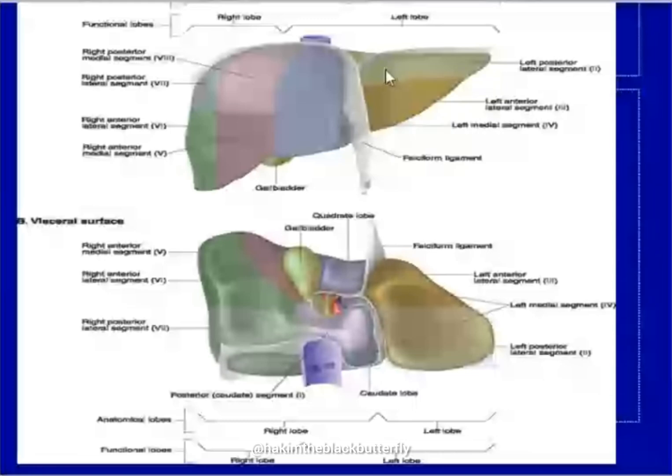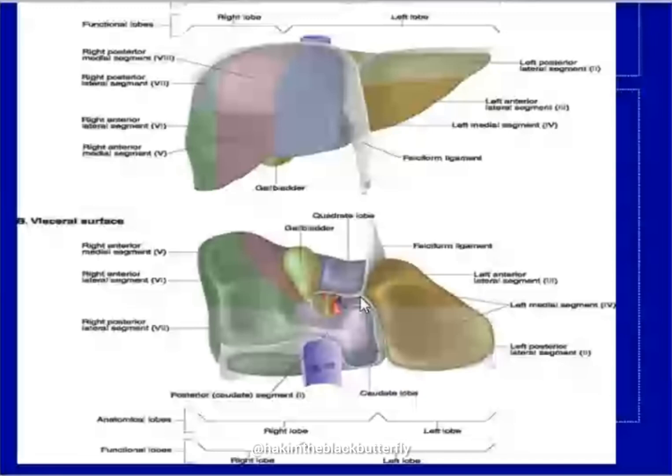Now, what about the functional lobes? On which basis are they demarcated? These are based on the blood supply.